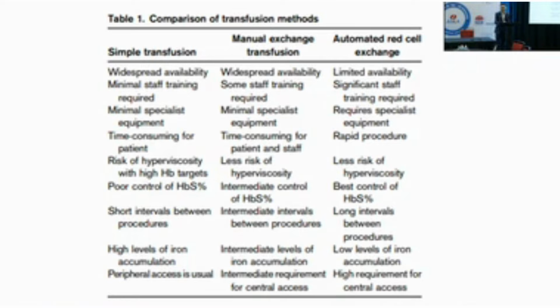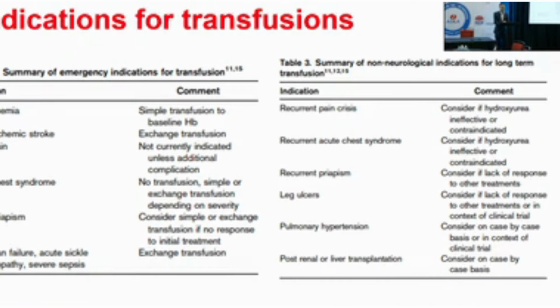And we heard earlier about the issues of iron overload with simple top-up transfusions, and of course you will also get volume overload and increased viscosity as well, which is not great to have when a patient is already unwell. I won't spend too much time on the indications for transfusions, but we do have the prophylactic indications as well as the emergency indications.